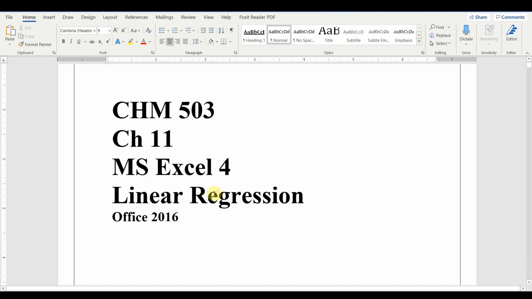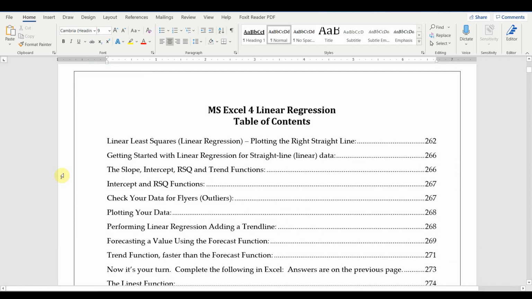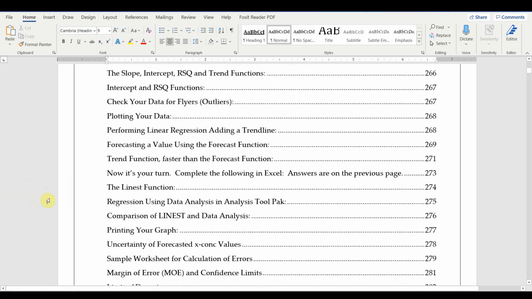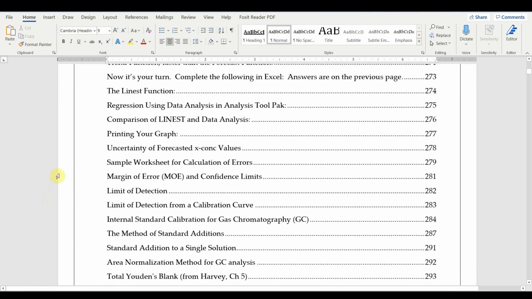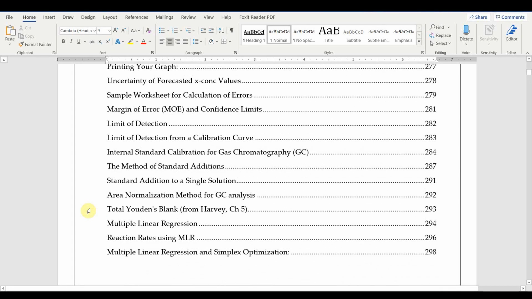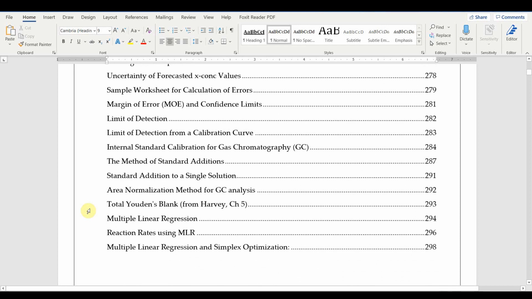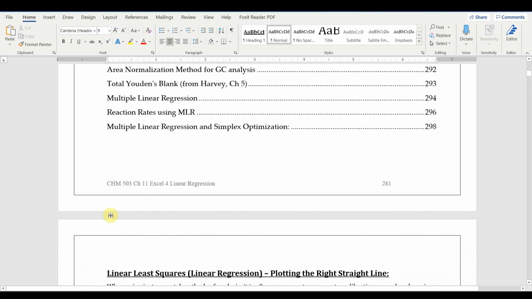Now in this unit, let's scroll to the next page, we will study more tools for performing regression and will extend its application to include examples such as, and let's scroll down the list here, calculating the uncertainty of forecasted X concentration values, calculating the margin of error and confidence limits for a forecasted value, determining the limit of detection from a calibration curve, and time permitting, we'll probably get to an example of multiple linear regression. Let's go to page 262.